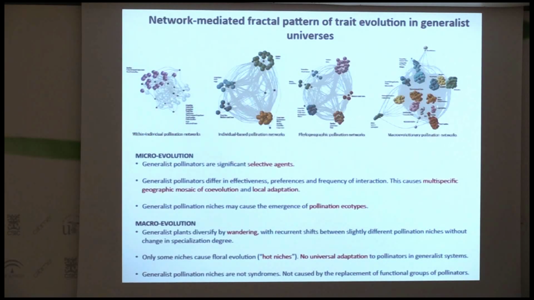Okay, just to summarize, I want to give you some idea, from my point of view, of how generalist systems evolve. At the microevolution level, generalist pollinators are significant selective agents. Nobody believes that, or not many people believe that. I think that generalist interacting organisms are significant selective agents.